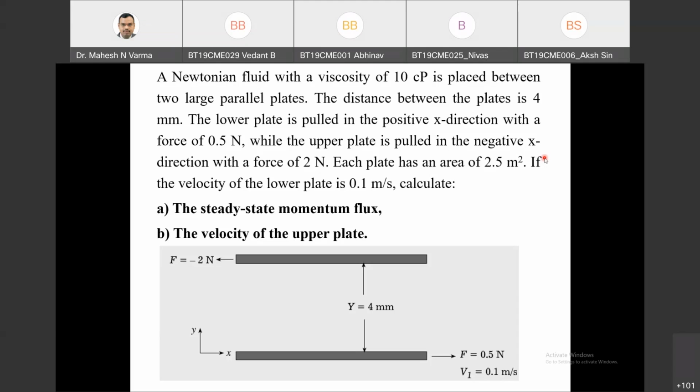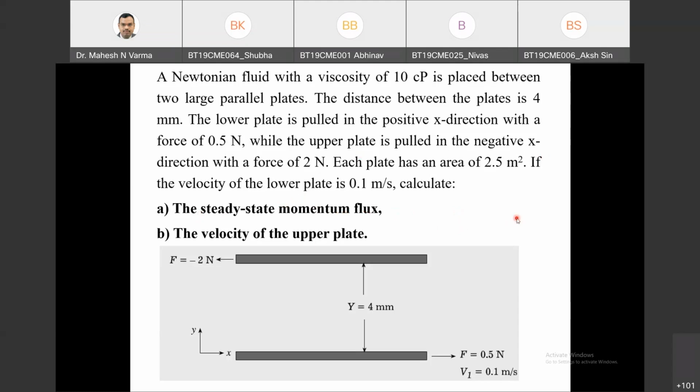Yes, sir. What will be the velocity gradient, first of all? You can get the velocity gradient from this equation itself because you have momentum flux. Momentum flux will be equal to viscosity into velocity gradient.